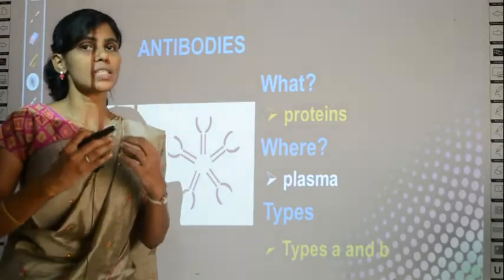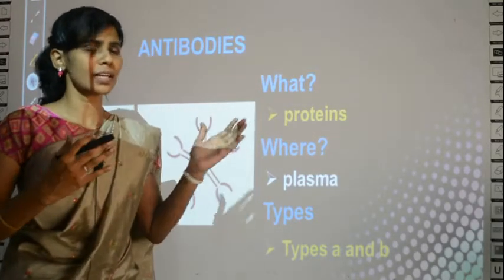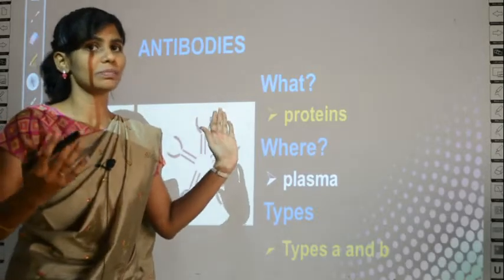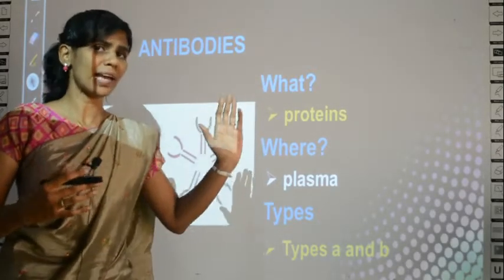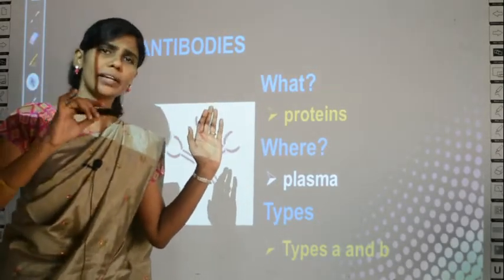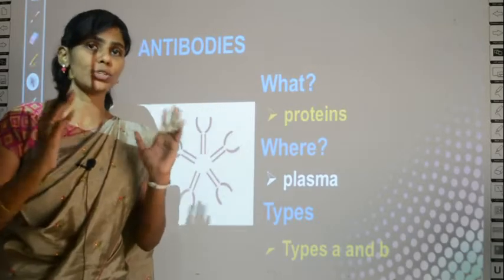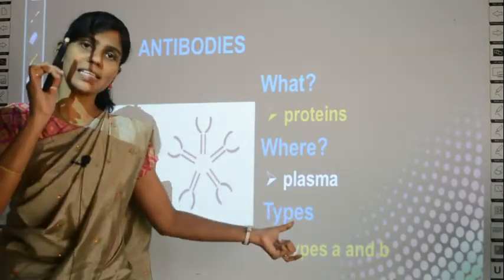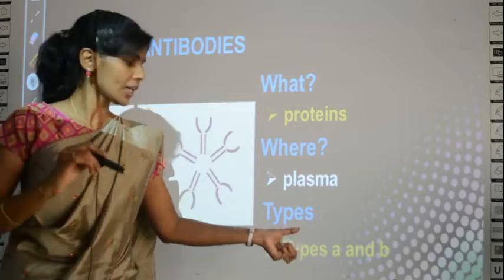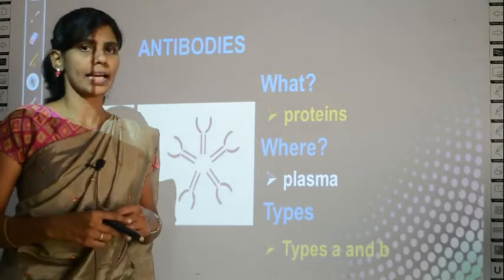Always represent them this way when you write, because again and again I cannot tell A. When I say A, you will wonder whether it is for antigen or antibody. So I am differentiating by writing capital A and B for antigen and small a and b for antibodies.